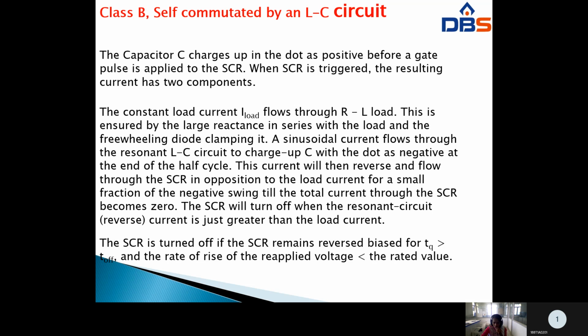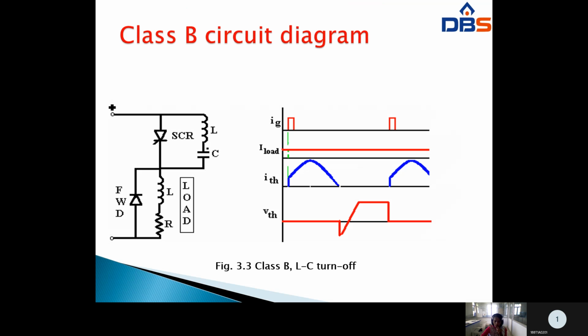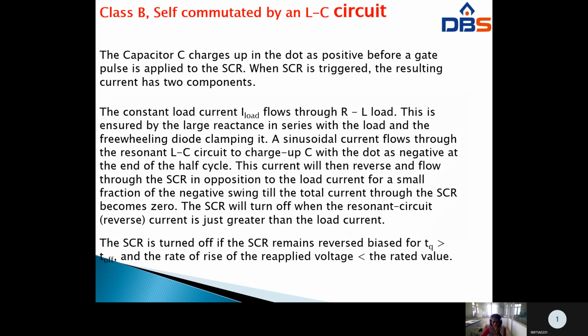A sinusoidal current flows through the resonant LC circuit to charge up the capacitor with the dot negative at the end of the half cycle. At the end of the half cycle, the capacitor is charged in the negative mode, and the current then reverses and flows through the SCR.